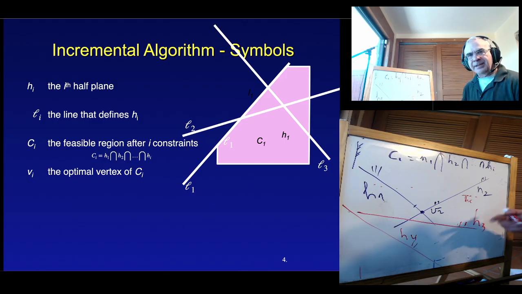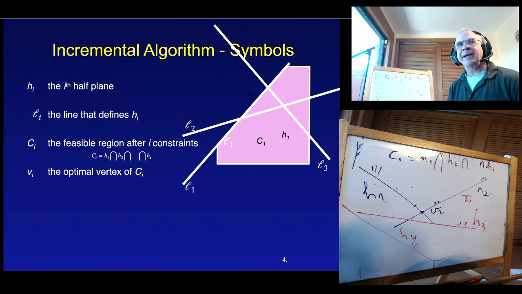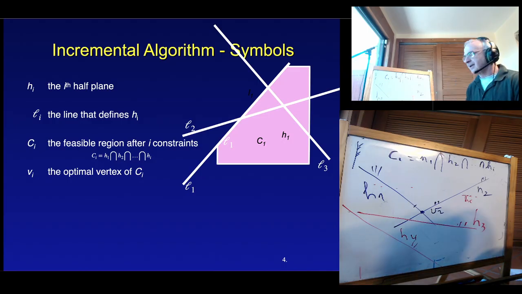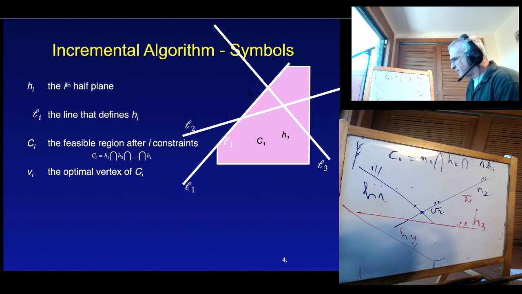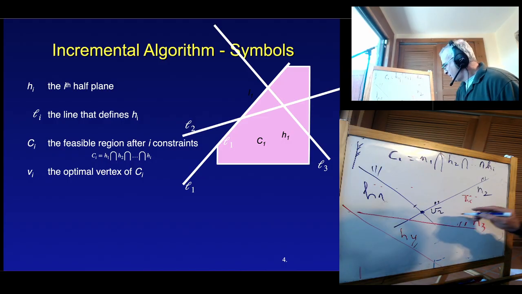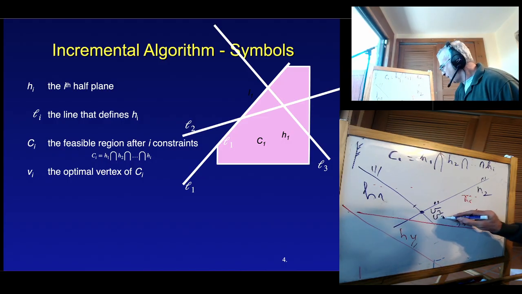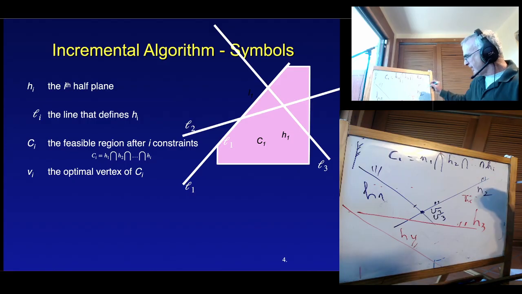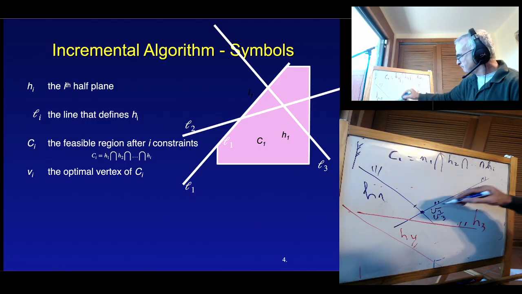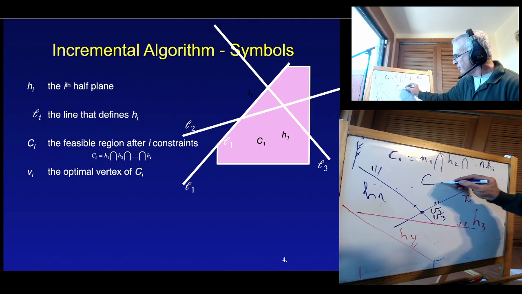It is inside H3. It's a diet that gives you enough of vitamin 3, if you remember the example we started with. So this is also V3, and this intersection would be C3.